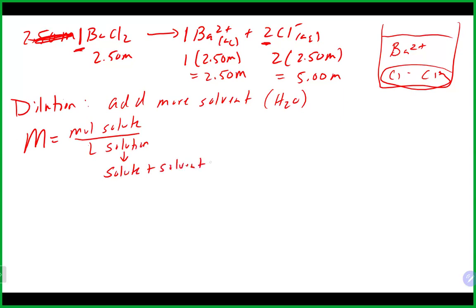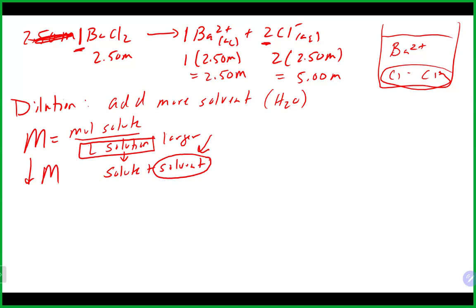When we do a dilution, really the only thing we're adding is more solvent. That increases the volume of solution, which means the bottom part here will get larger, and that means that our molarity will go down as a result. That's basically what happens in a dilution.